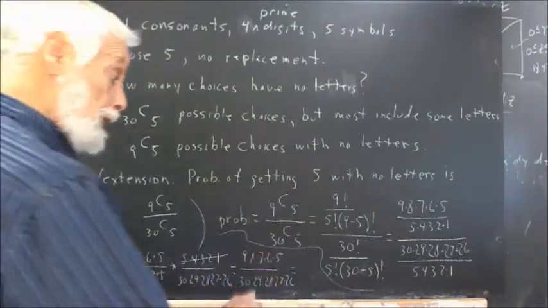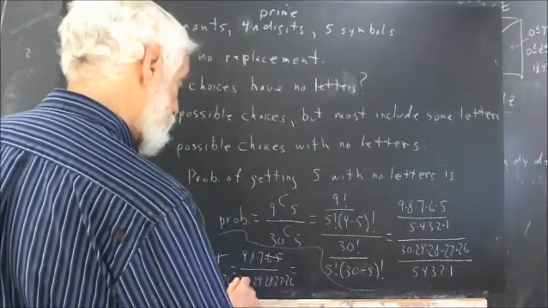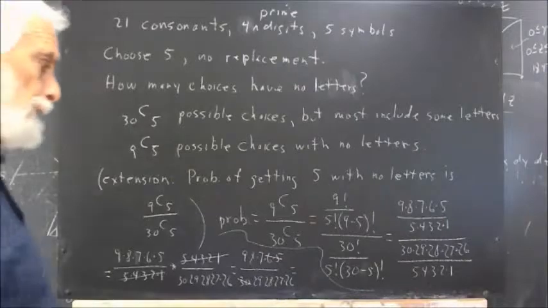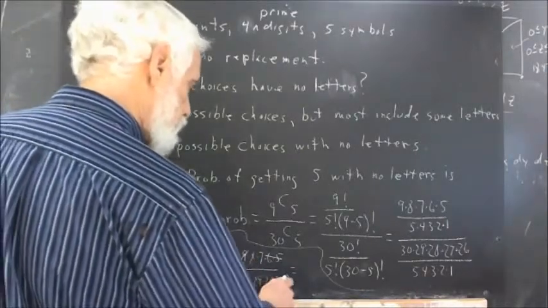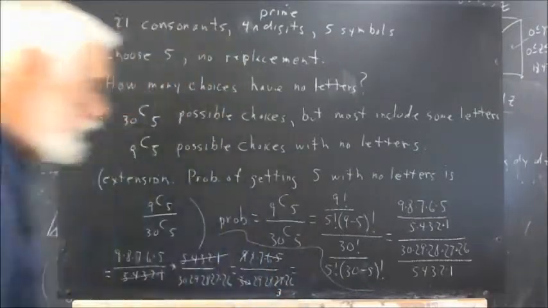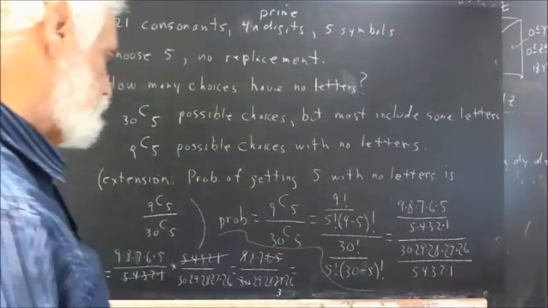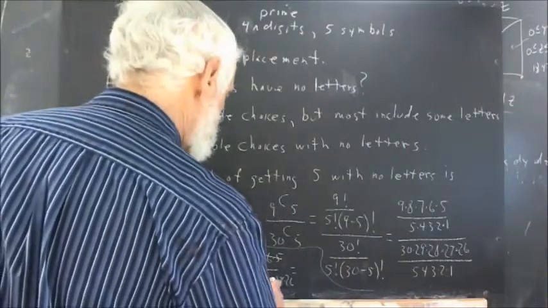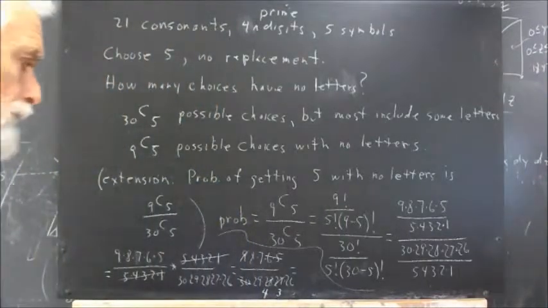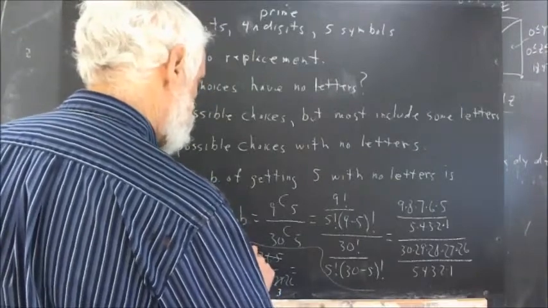Now, everything here is going to divide out. For example, 6 times 5 is 30. So the 6 times 5 is divided by the 30, gives us 1, so we don't have that anymore. The 9 goes into the 27 3 times, leaving us 3 down here. The 7 will go into the 28 4 times. Then the 4 can go into 8, leaving 2.